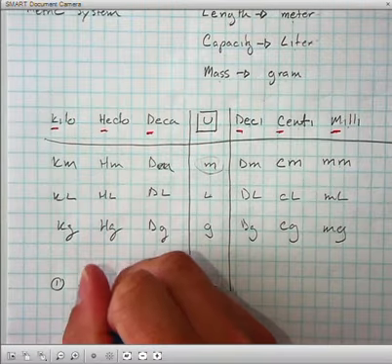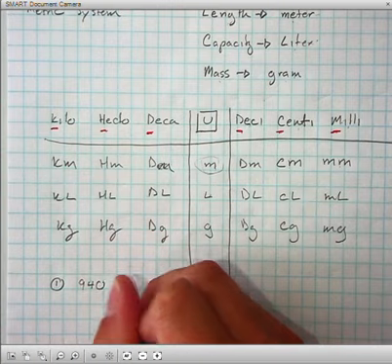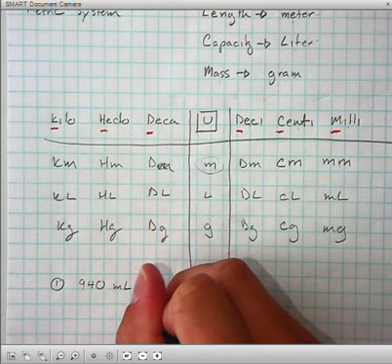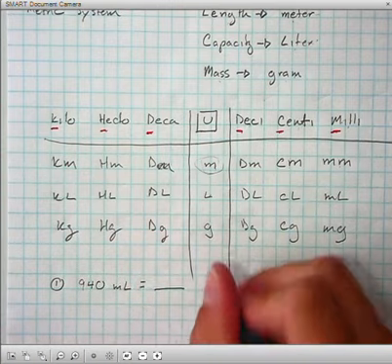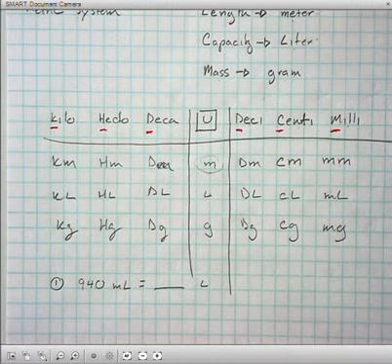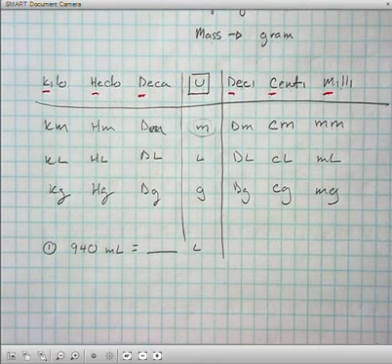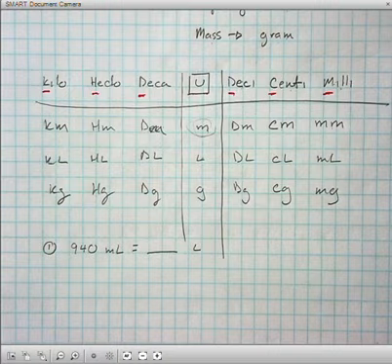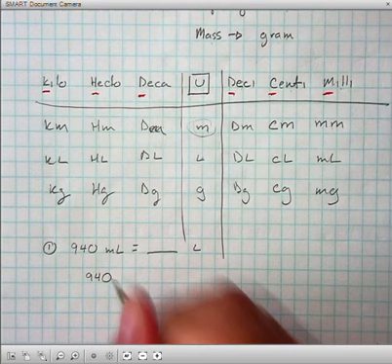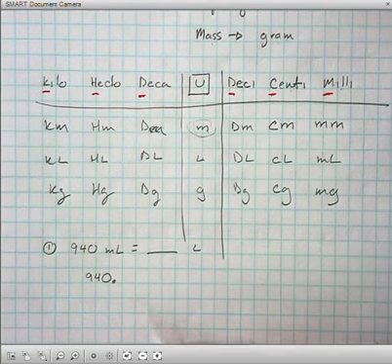We can use that chart to help us when we have to convert. Let's say we have 940 milliliters, and we have to convert that to liters. The chart tells us in which direction and how many places to move the decimal. If we have 940, we can place our decimal right here at the end.